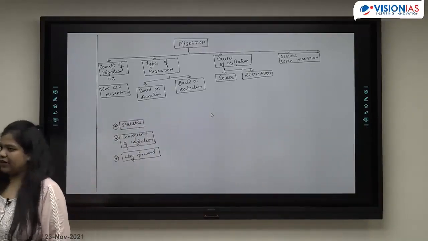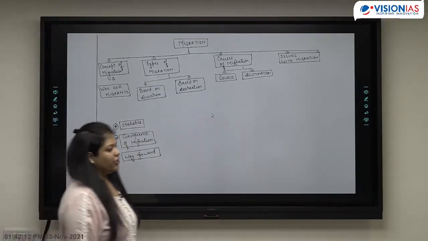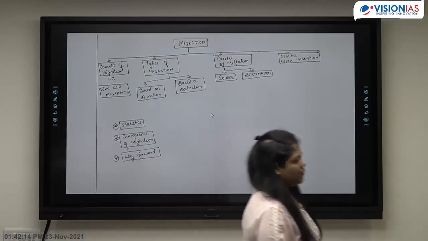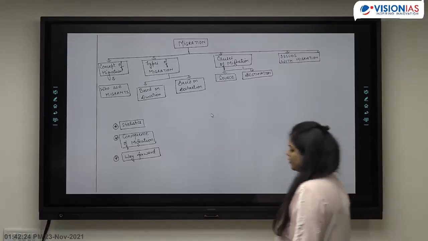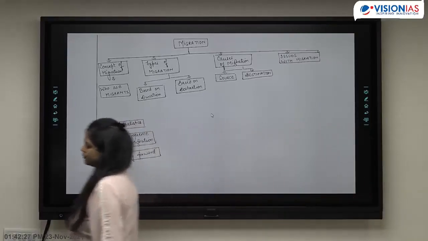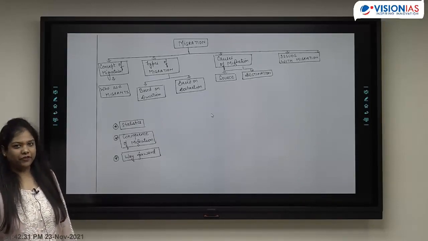To what extent will the concept of paternity leave help in ensuring women empowerment and inclusive development in society? 10 marker.